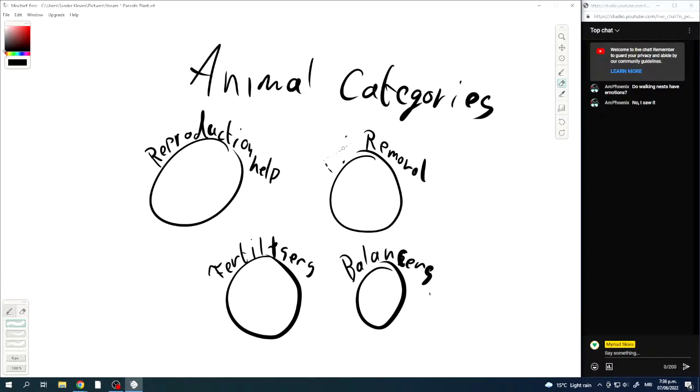Then there's the fertilizers in the bottom left. Basically all they do is they eat things and then... Does that even work?